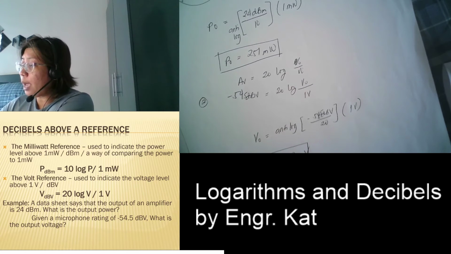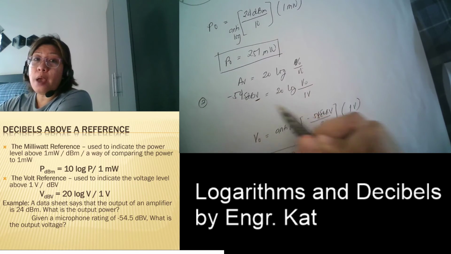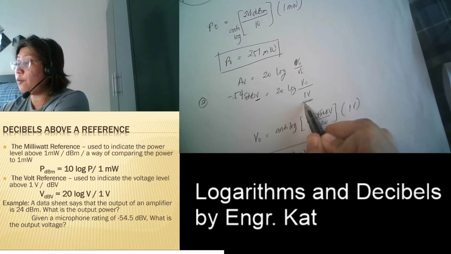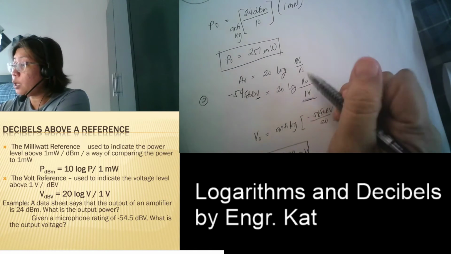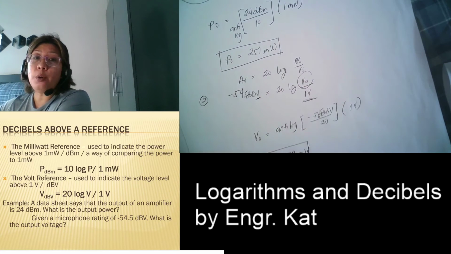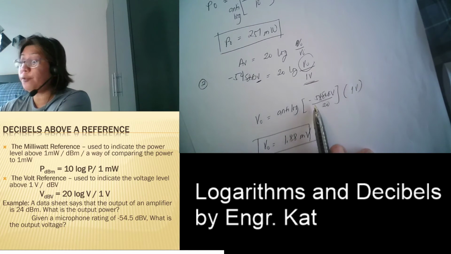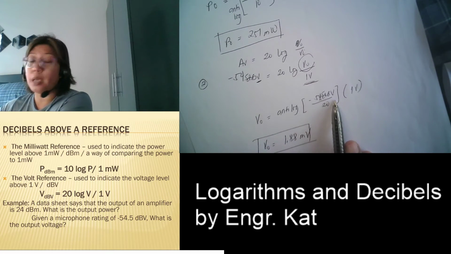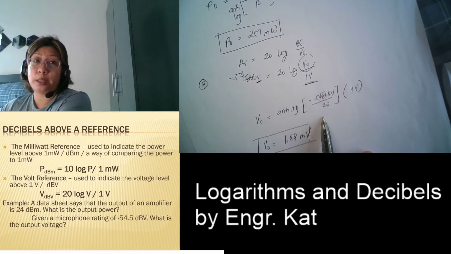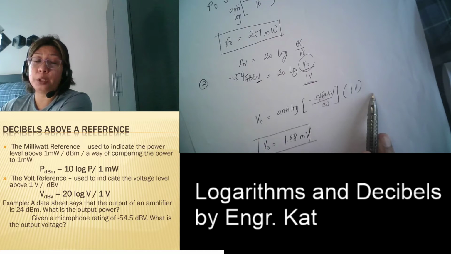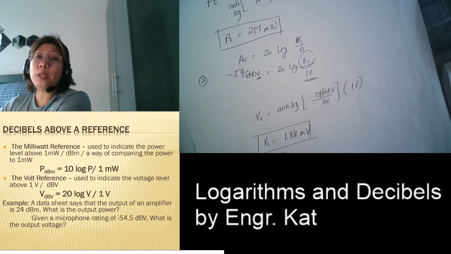The fact that we have here dBV means we have a reference voltage equivalent to 1 volt. So in this case, we can solve for VO. VO is equivalent to antilog of negative 54.5 dBV divided by 20, multiplied by 1 volt. And that will give you 1.88 millivolts.